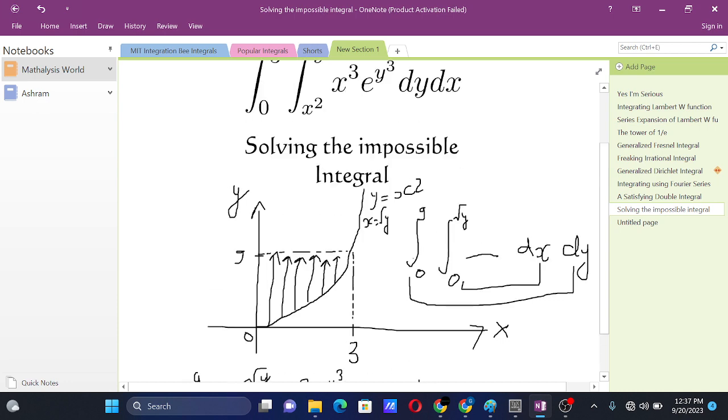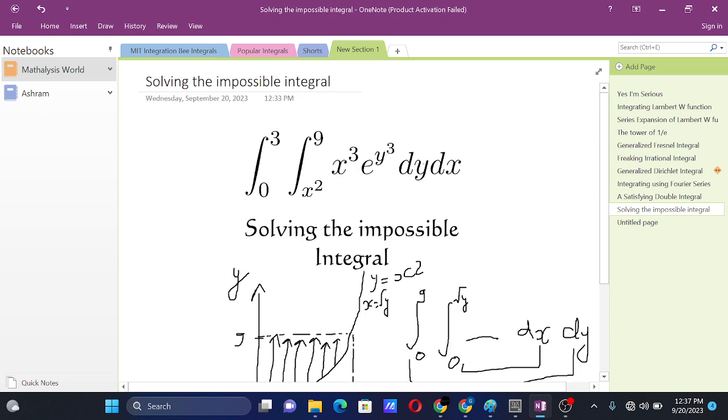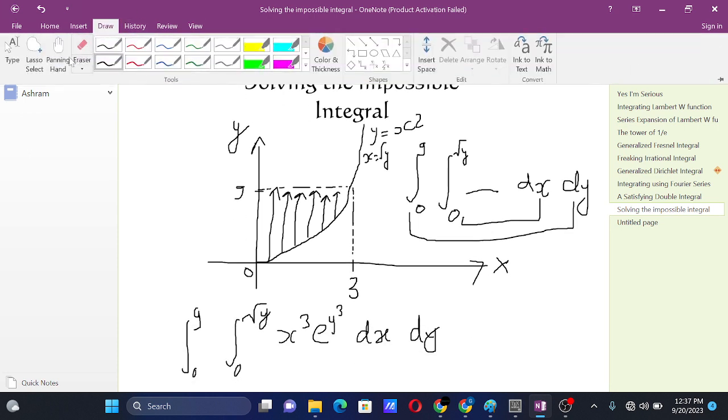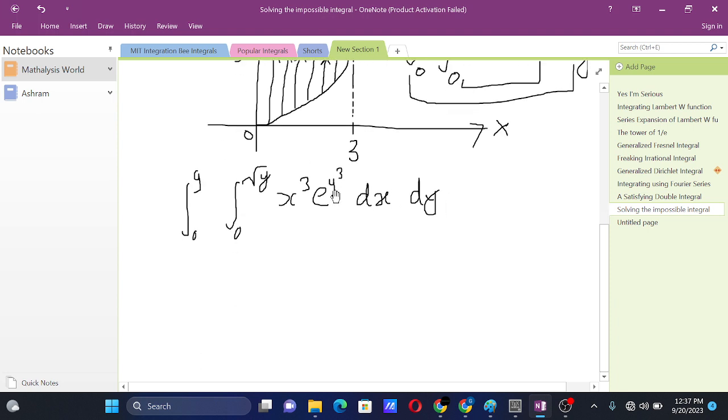Previously it was impossible because we were in the y world and had to evaluate e to the power y cubed. For e to the power y squared we do have a function, but for e to the power y cubed we don't have any such function. So it's literally impossible.